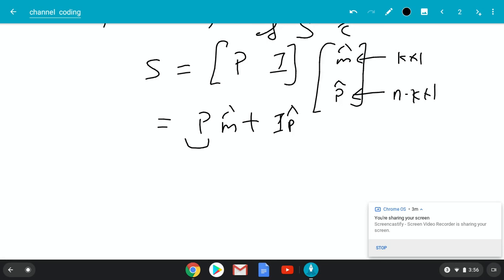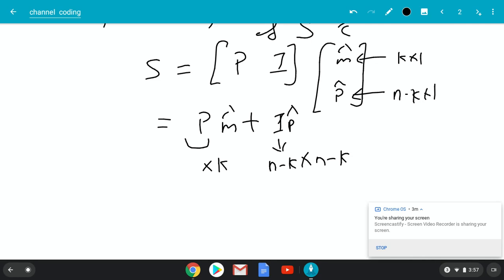Now, you're multiplying P with m hat, so the number of columns in P has to be k. If I is being multiplied with p hat, then I has to be n minus k cross n minus k, because p hat is n minus k cross 1.